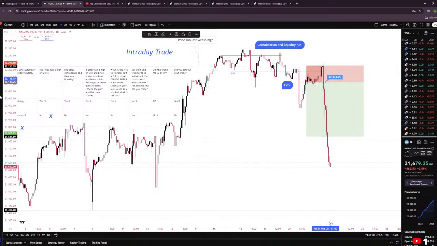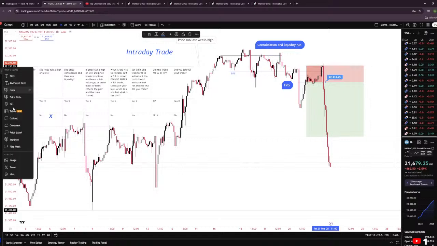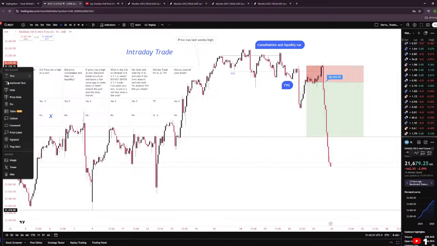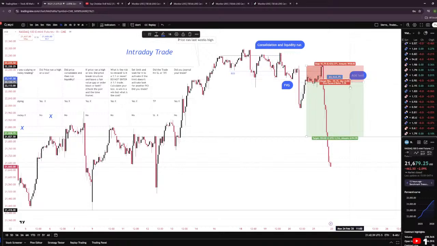Entry here. Entry at 50% of fair value gap.